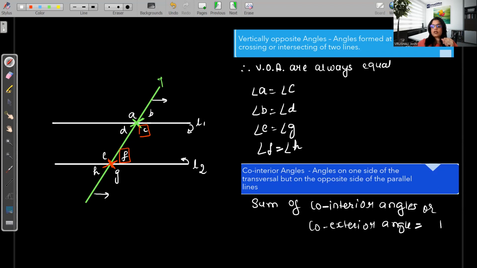Their sum is always equal to 180, which means here we can say that angle C plus angle F will give you 180. They are not equal, okay? Their sum is 180. On the same side, you can say angle B and angle G. So angle B plus angle G, they are also equal to 180.